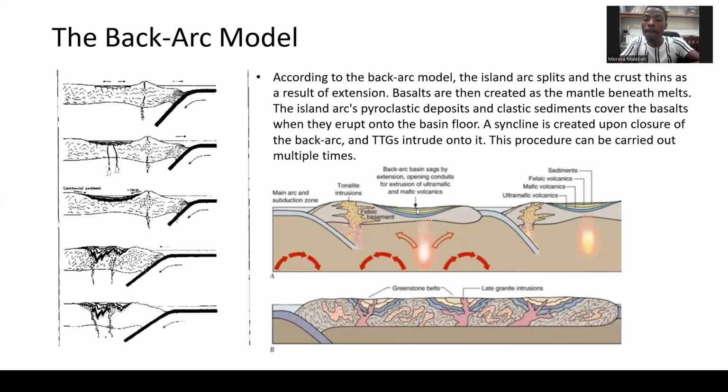Then the erosion and weathering of the island arcs will deposit sediments onto the basin, burying the basalts, and all these will be intruded at a later stage by the TTGs. So this is the back arc model, which explains better why we have the synclines.